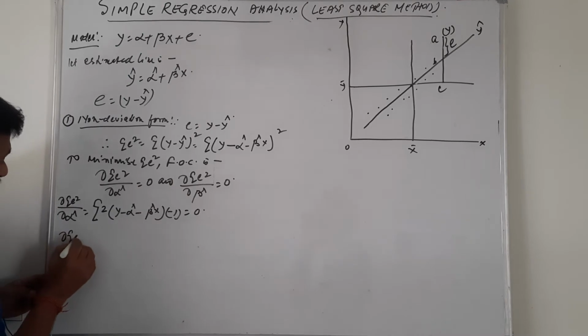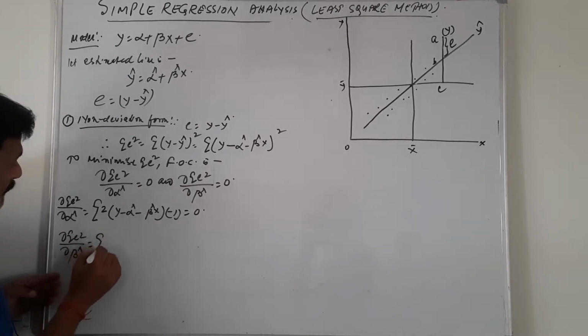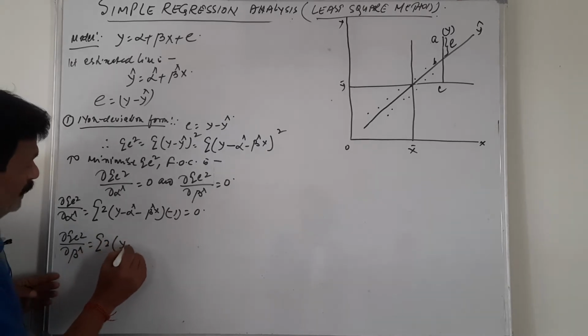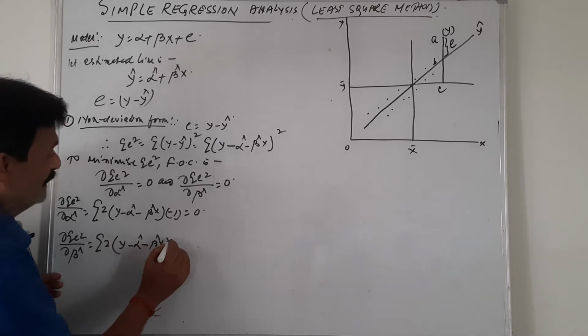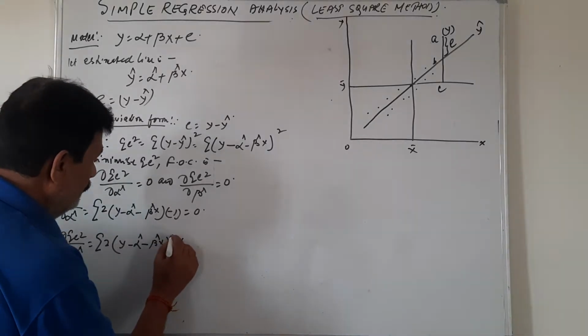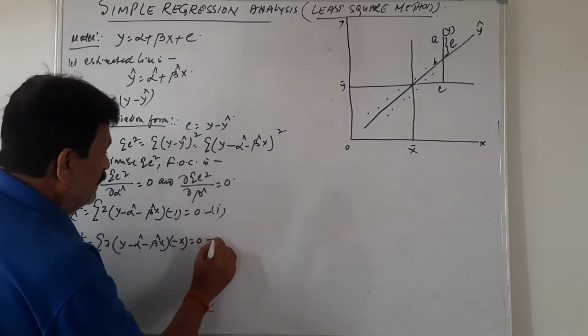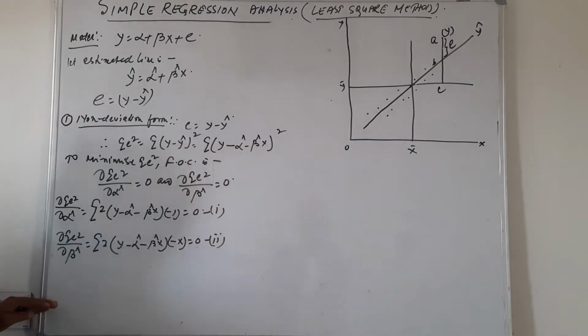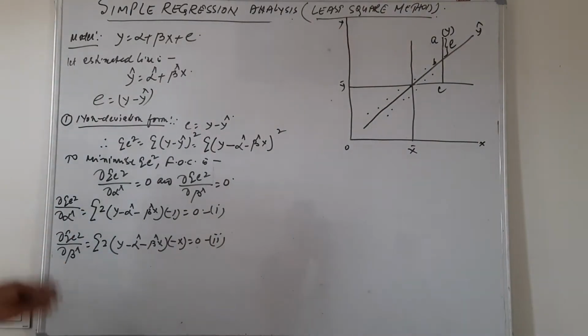And delta summation E square by delta beta cap is summation 2(y minus alpha cap minus beta cap x)(minus x) equals 0. So these are the two derivatives with respect to alpha cap and beta cap. These two equations have to be solved.